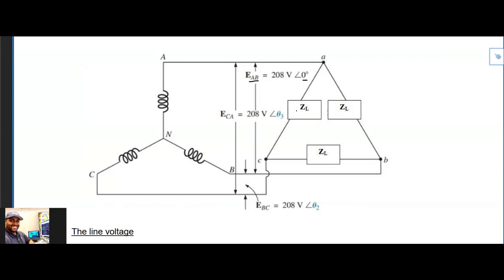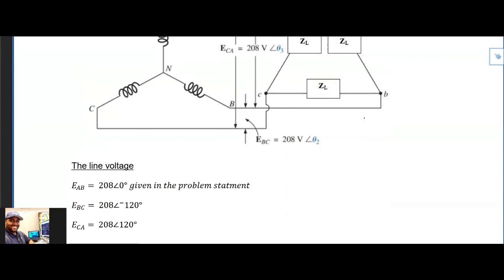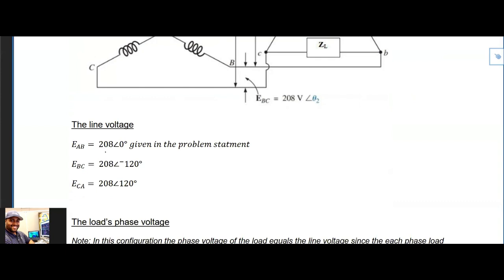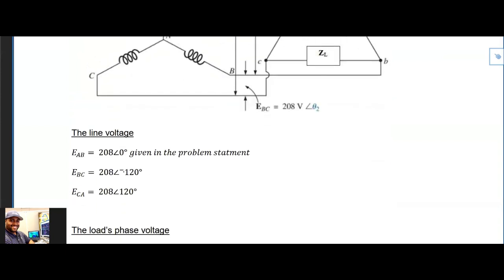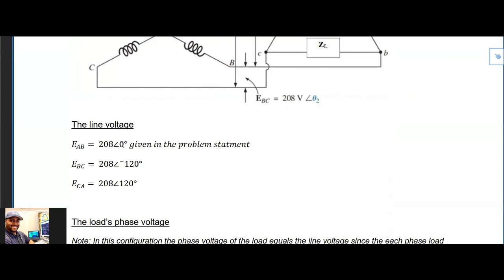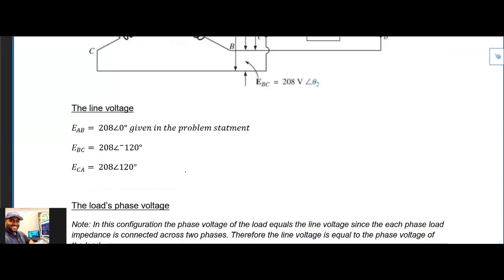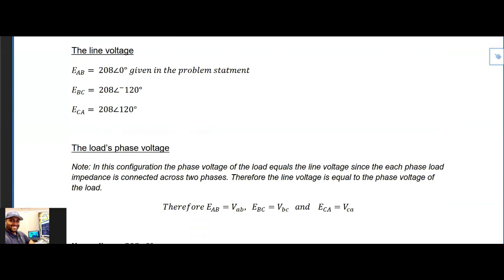So that's going to be your reference voltage. Given that EAB is 208 at an angle of 0, we can displace the other two phases by 120 degrees to find the line voltage.